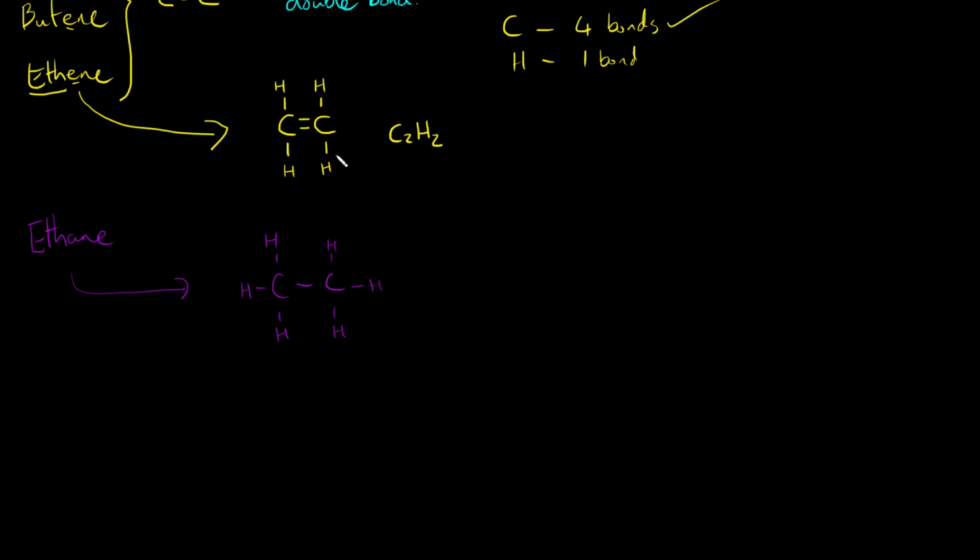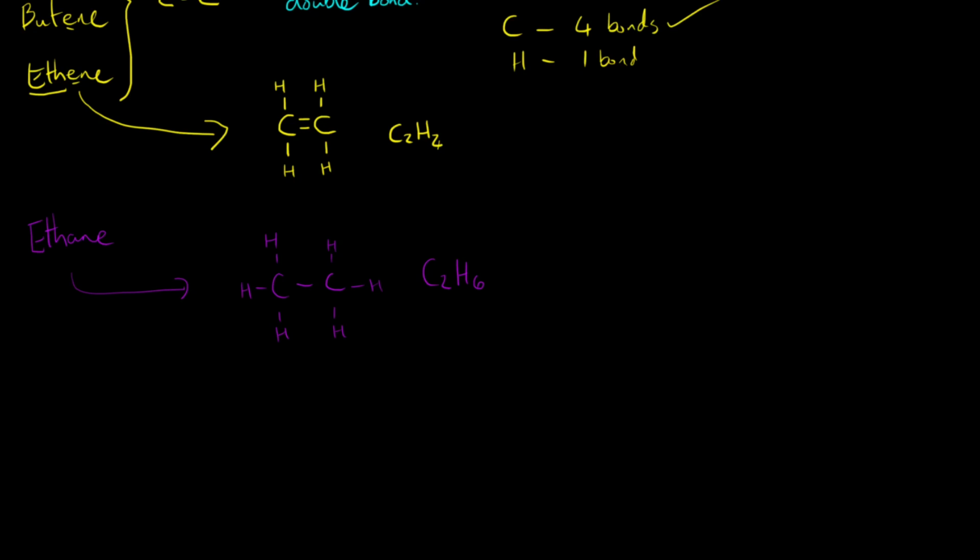And if we compare the two structures, they're quite a bit different. We've got 2 less hydrogens, and that's obvious as well if we looked at the molecular formula. Ethane is C2H6, whereas ethene is C2H4.